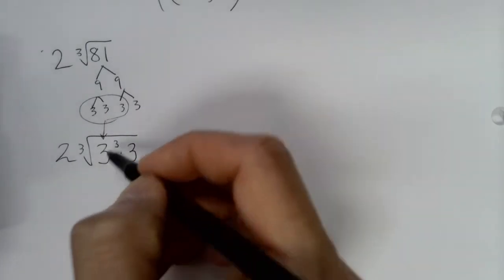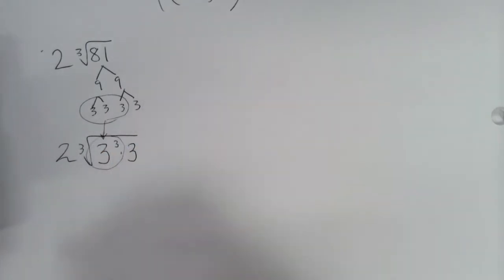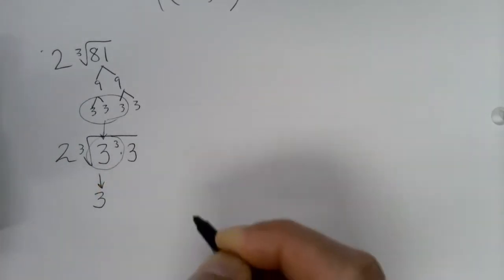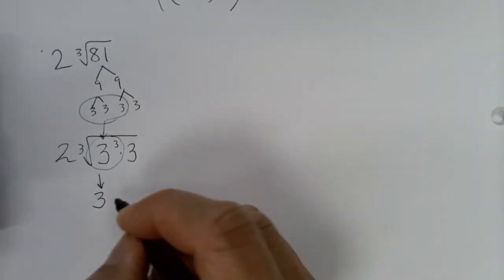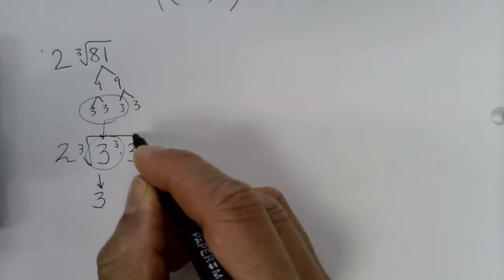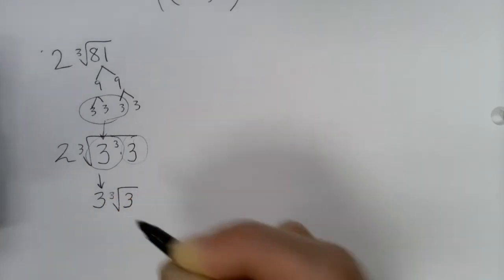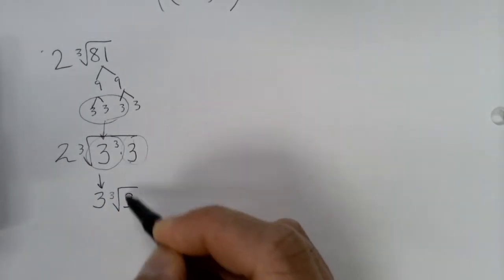We're looking for perfect cubes, because if I'm taking the cube root of the whole thing, those simplify down to simply 3. So that's the cube root of 3 cubed. And then my 3 is still, right, that's cube root 3.